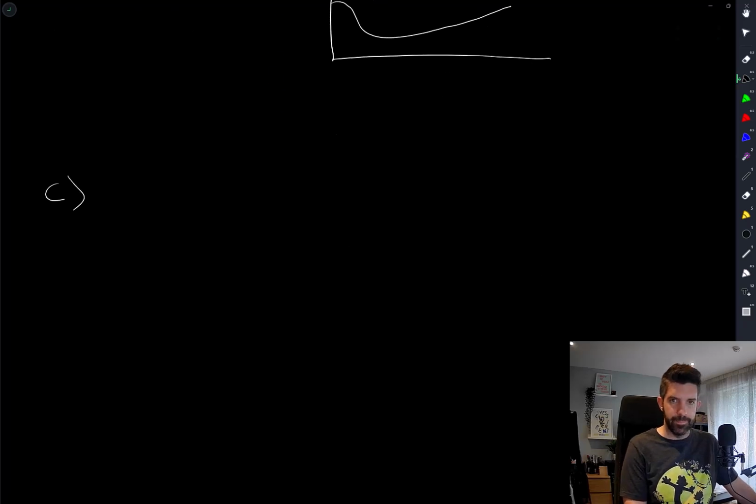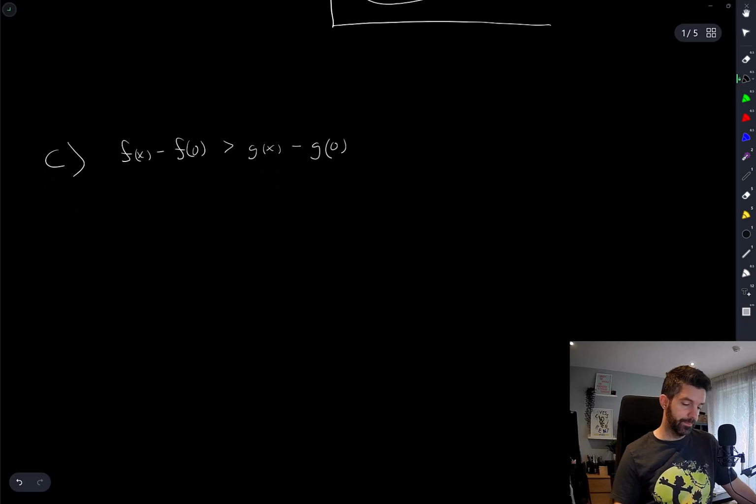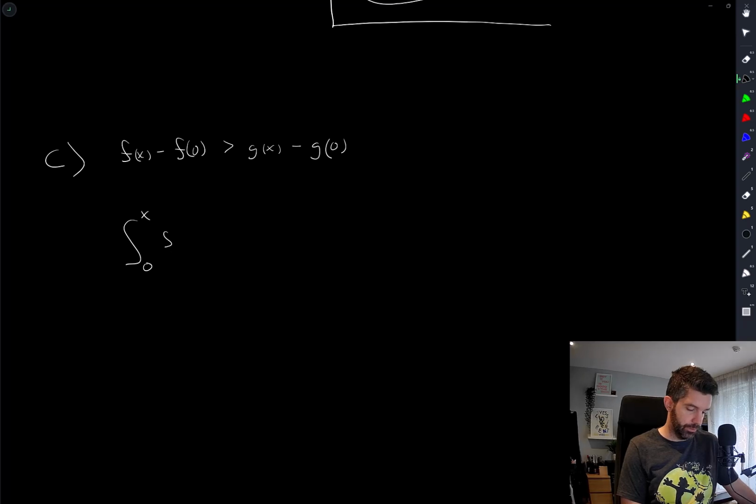Option C, f of x minus f of 0 is greater than g of x minus g of 0. This is probably going to be correct. So the left-hand side is equal to the integral from 0 to x of f prime t dt, and the right-hand side is the integral from 0 to x of g prime t dt.